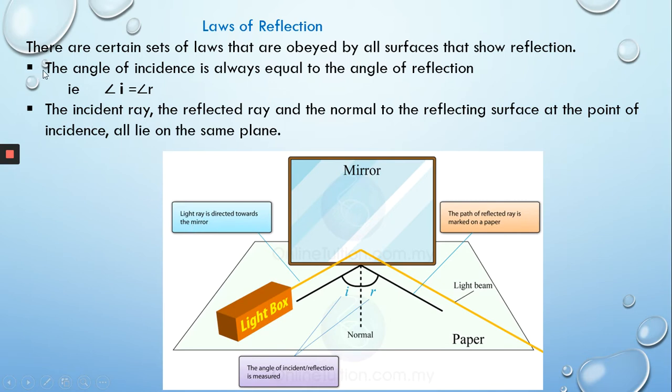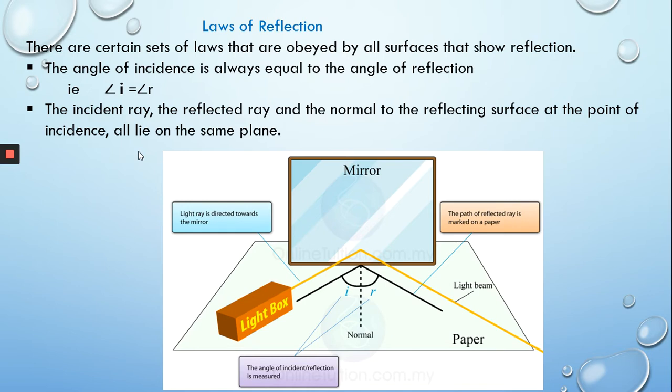First law: the angle of incidence is always equal to the angle of reflection. That is, angle I is equal to angle R. Second: the incident ray, the reflected ray and the normal to the reflecting surface at the point of incidence all lie on the same plane.